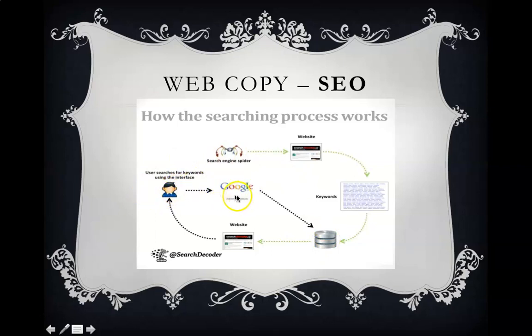So when I type in cheap hotels, Donegal, this website here has cheap hotels, Donegal in it, and the little spiders picked up the keywords and put them into the algorithm, and when the user types in, it returns this web page to the user. There's so many different things that the Google algorithm runs. It doesn't just run keywords and key phrases.